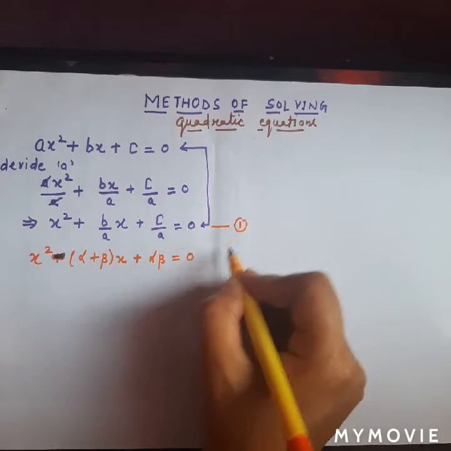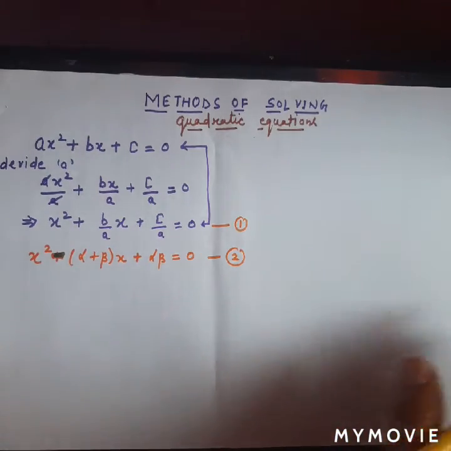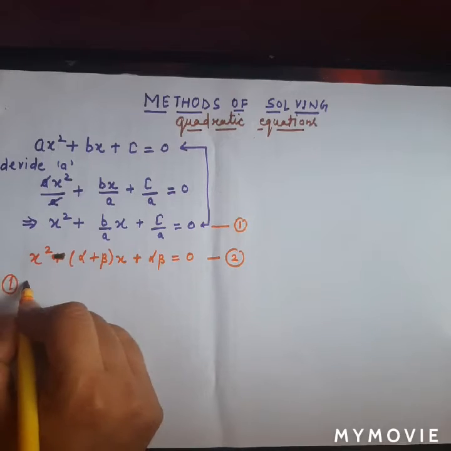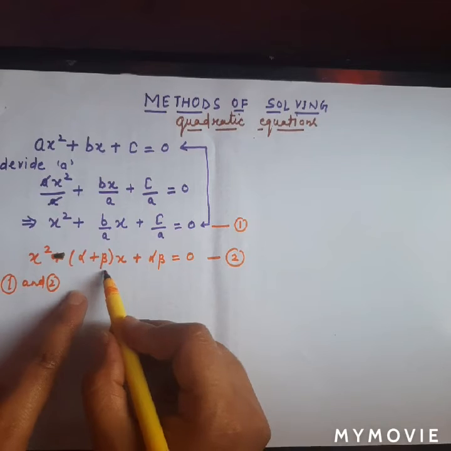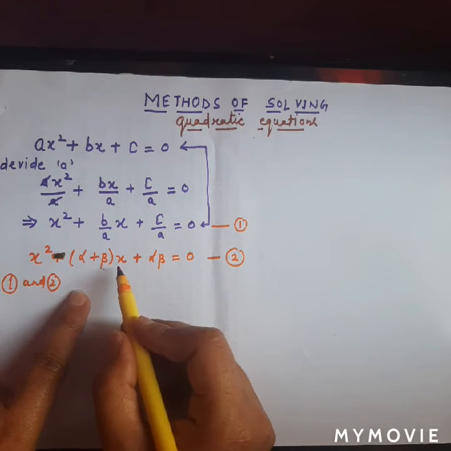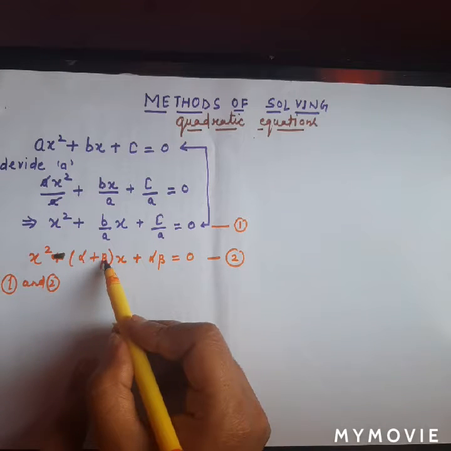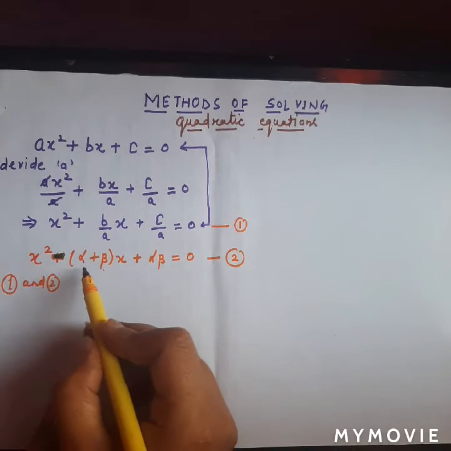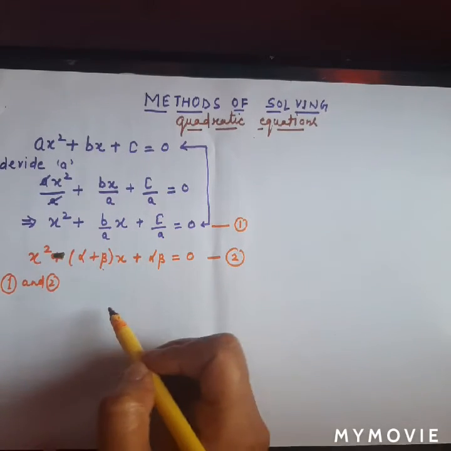Both of these are forms of quadratic equations, and after comparing 1 and 2, if you have seen my previous video, I had explained that alpha and beta would be the roots. If alpha and beta are the roots of a quadratic equation, then that quadratic equation can be written in this form. Fine.